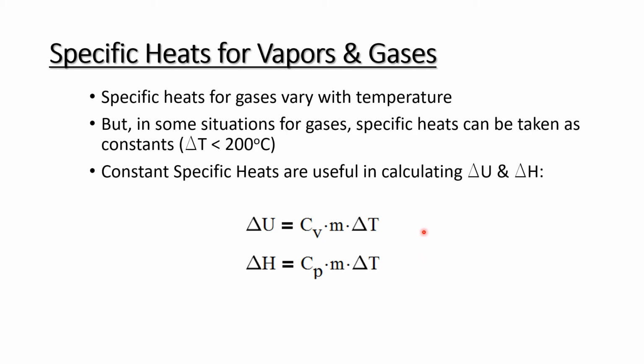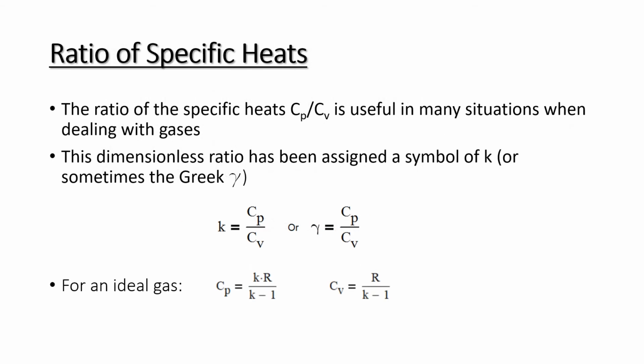So we can say that delta U is C sub V times mass times delta T, and delta H is C sub P times the mass times delta T. Now we mentioned earlier this value of K in the problem statement, and K is just the ratio of specific heats. It's C sub P over C sub V. Sometimes you'll see that ratio given as a Greek gamma instead of K, but I like to use K.